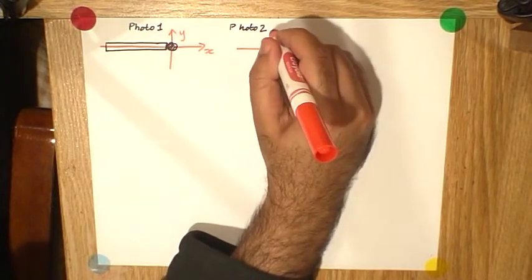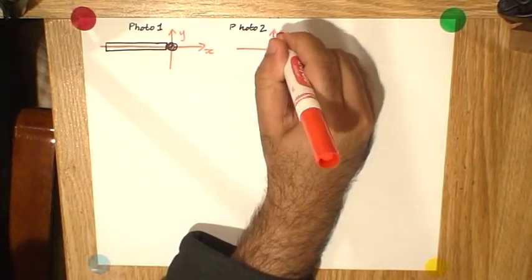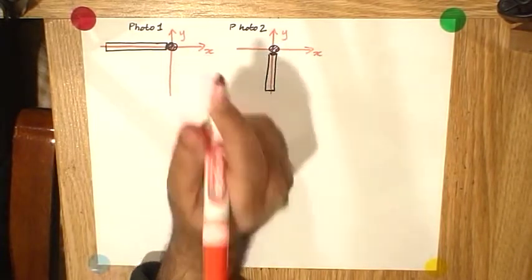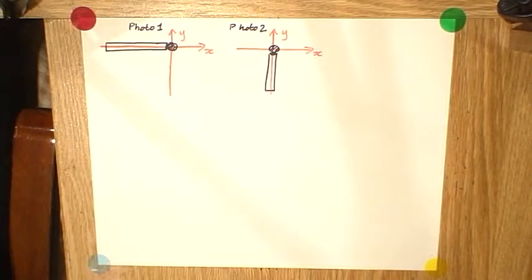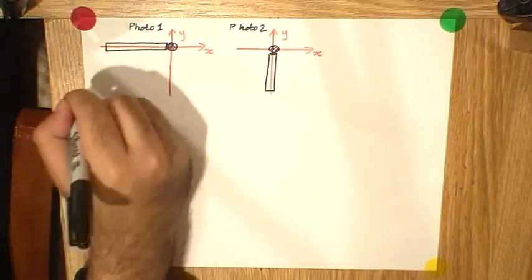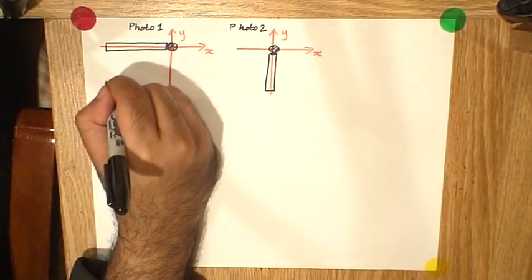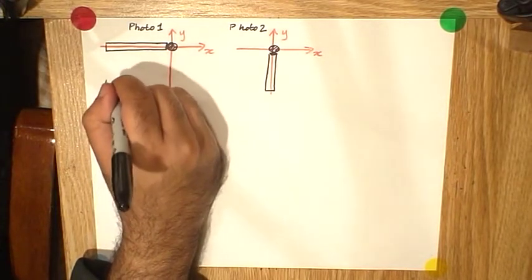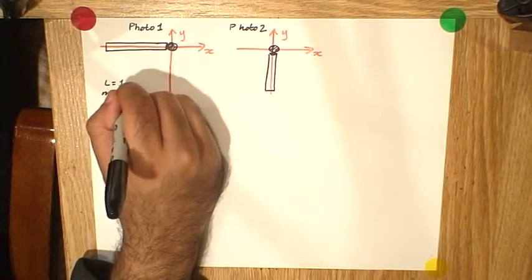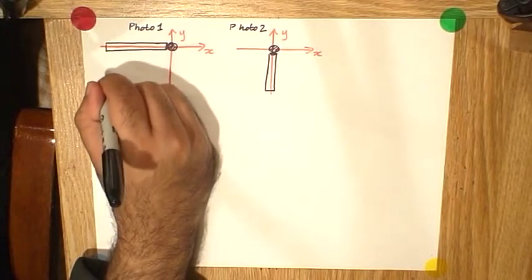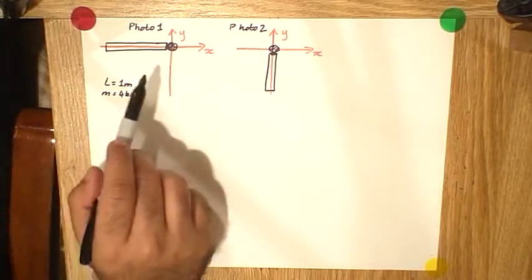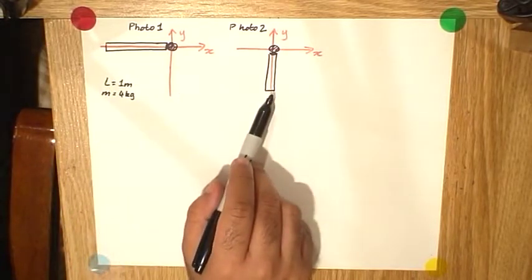Now let's start writing down some information about this rod. It has a length of 1 meter. It has a mass of 4 kilograms. And we were told that it's going to swing through this angle over here.